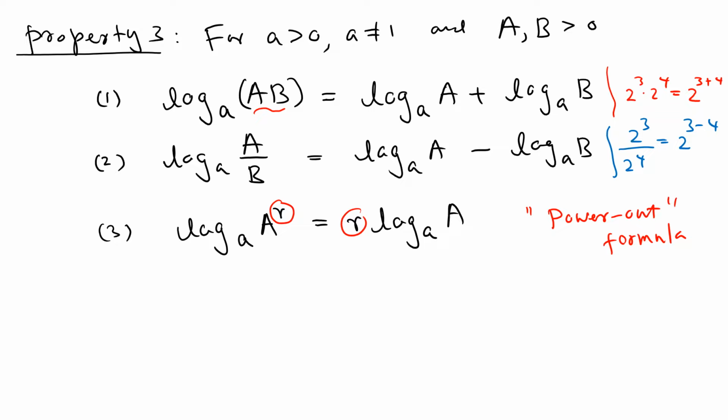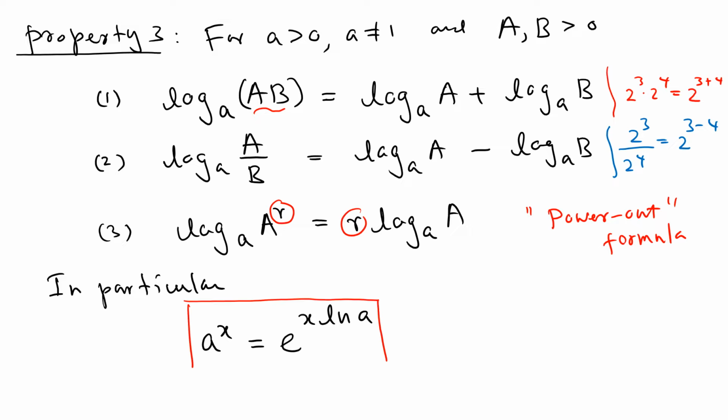Okay, and then there's a special simplification that comes from the third result. In particular, if you have a to the x, you can simply rewrite this using e to the x ln a. That is the result I was talking about earlier. This is a very useful result when you simplify certain algebraic expressions.